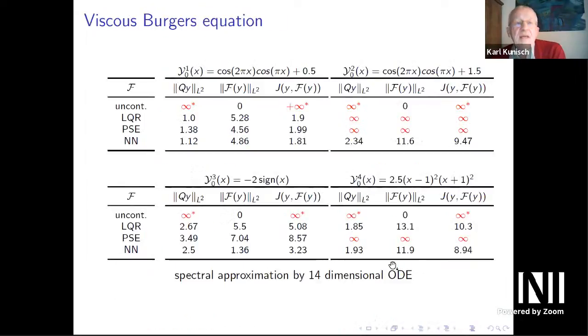All right. We go to the viscous Burgers equation, and we do it in dimension 14. We work in dimension 14 for the approximation of the Burgers equation by a spectral approach, a 14-dimensional ODE. In the table, you see infinities, which indicate divergence, and infinity stars, which mean the trajectories converge, but to something incorrect. They don't converge to the origin.